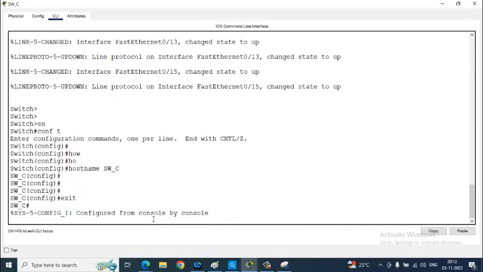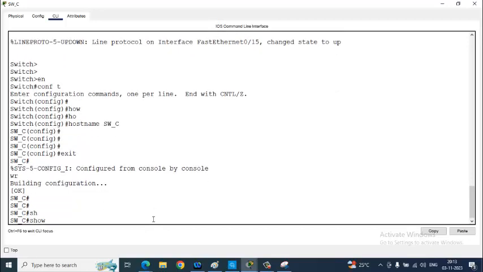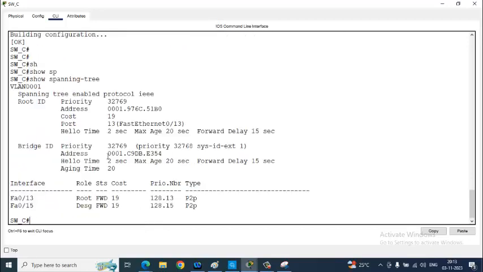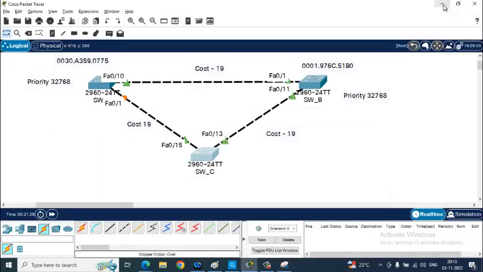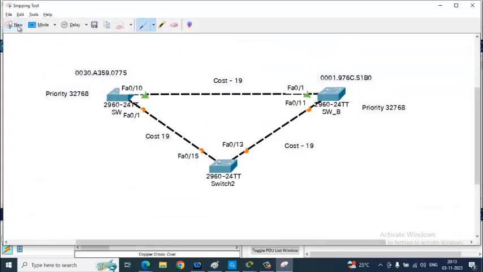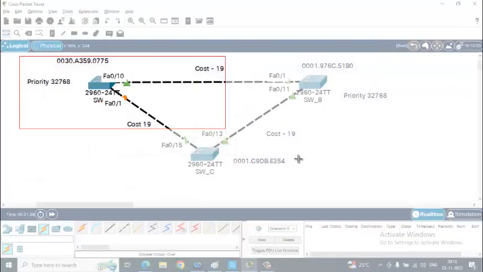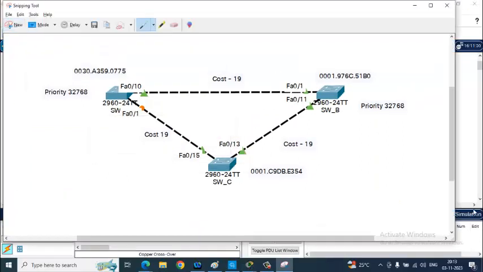You see 9 here and C here. 9 is smaller than C. After 9 comes A in hexadecimal, which is 10, then B, which is 11, and then C, which is 12. So here it is only 9, whereas here it is 12. So 9 is smaller, and this switch is elected as the root switch as usual.